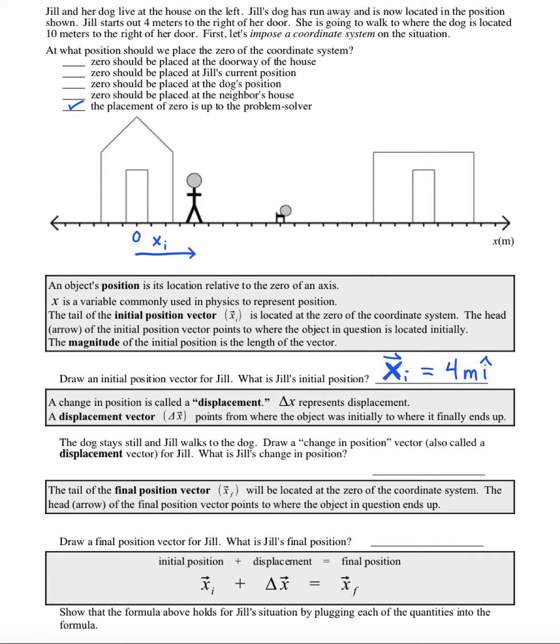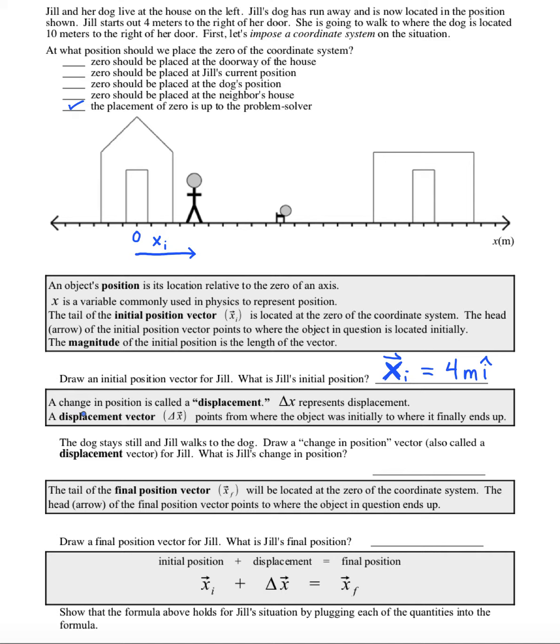For now, all you need to know is that the I hat tells us that we're talking about the x dimension, as opposed to the y or z dimension. Later, we'll use j hat and k hat when we're talking about the y and z dimensions. All right, so that one's done now.